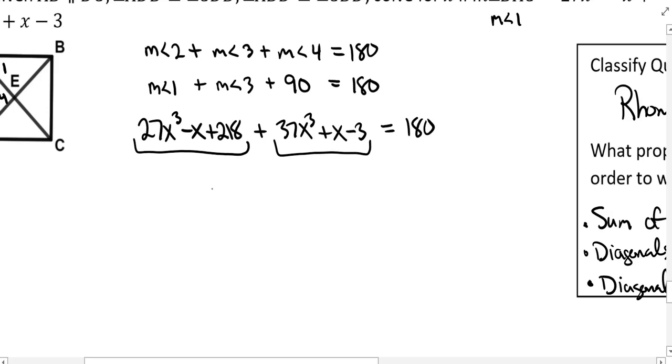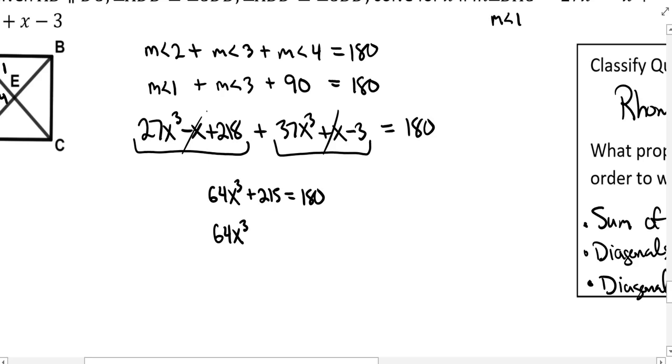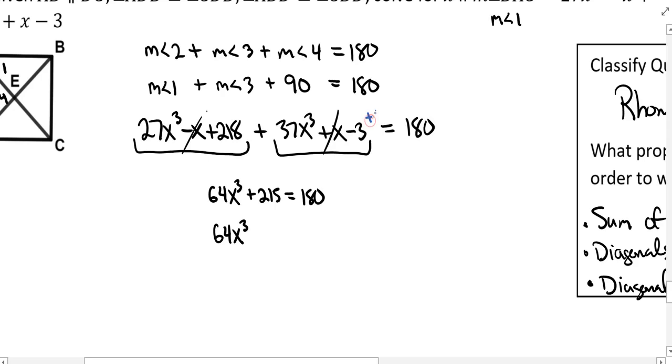27 plus 37, 64. 218 minus 3 is 215. Subtract 180 from 215. I am noticing that I forgot to add my 90 in here, so I should have a plus 90.